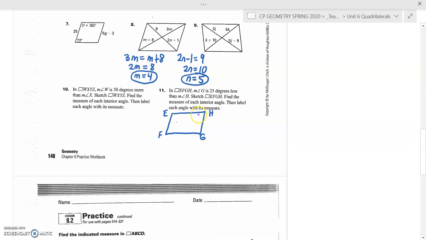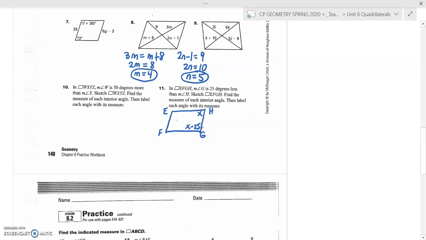So let's call angle H x. So then I can call angle G x minus 25. All right, so there's my sketch. It says find the measure of each interior angle, then label each angle with its measure. Well, I know that consecutive angles or same side interior angles are supplementary. So right away, I'm going to set up an equation showing just that.